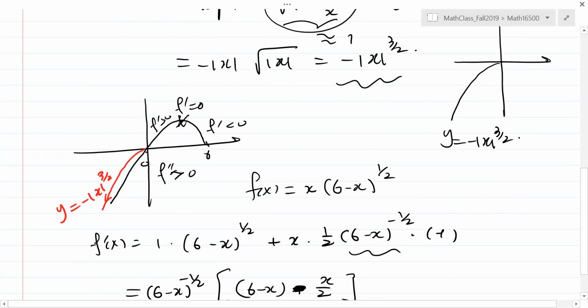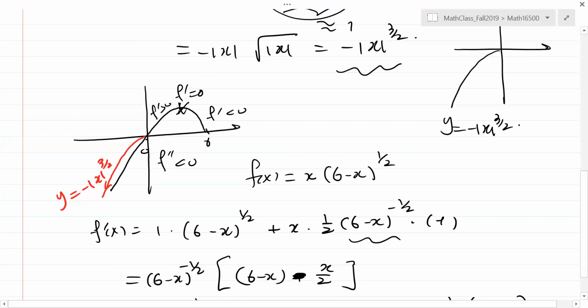No, not greater than, less than 0, because it curves down. It's not clear yet until we verify using the derivative. But it looks like there's no inflection point, so it curves down.